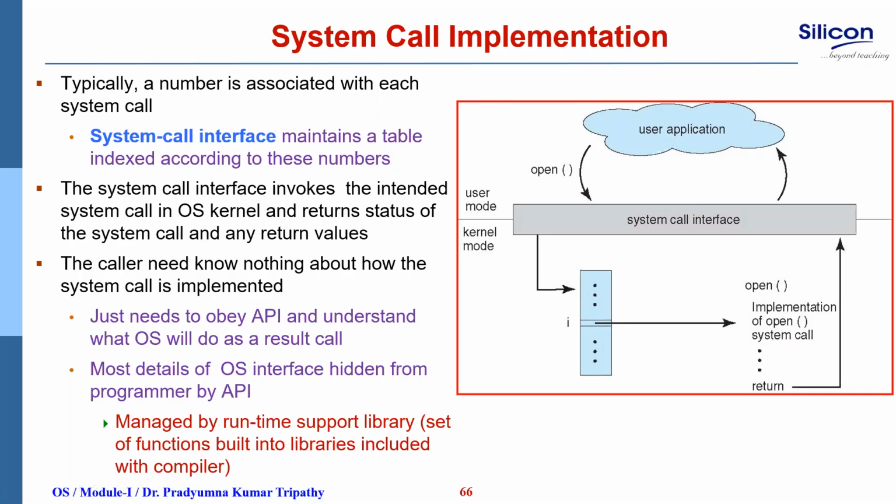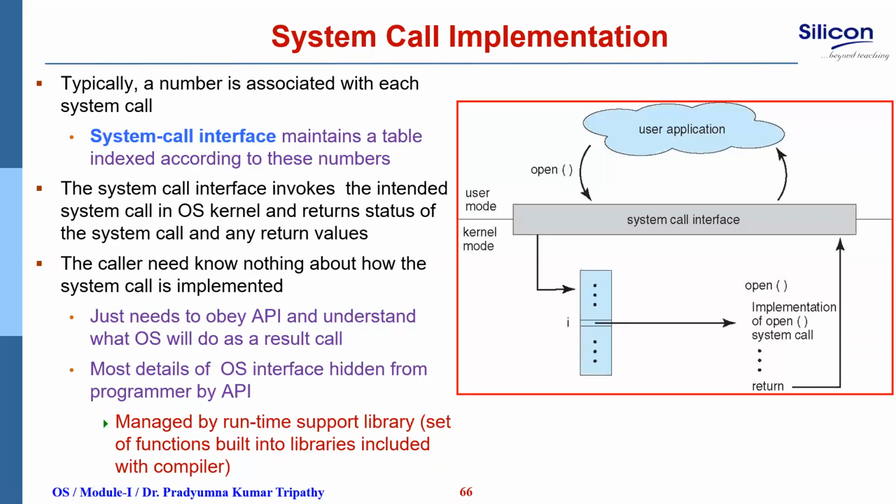Correct? So the system call interface invokes the intended system call in the OS kernel and returns the status of the system call and return values. The corresponding system call is made, it is executed and returns the status, whether it was successfully executed or there is some error, or some values may be returned.